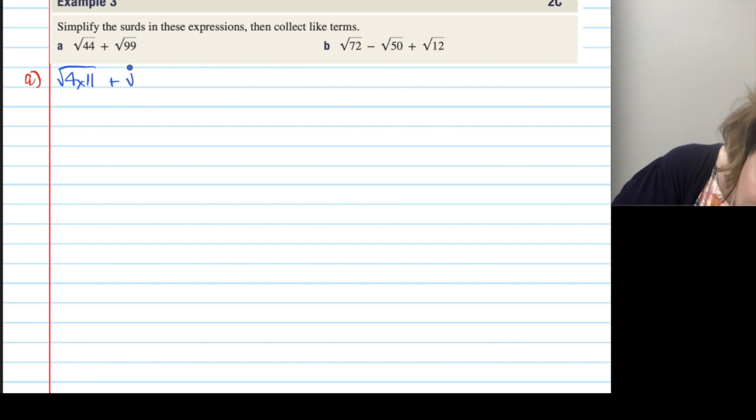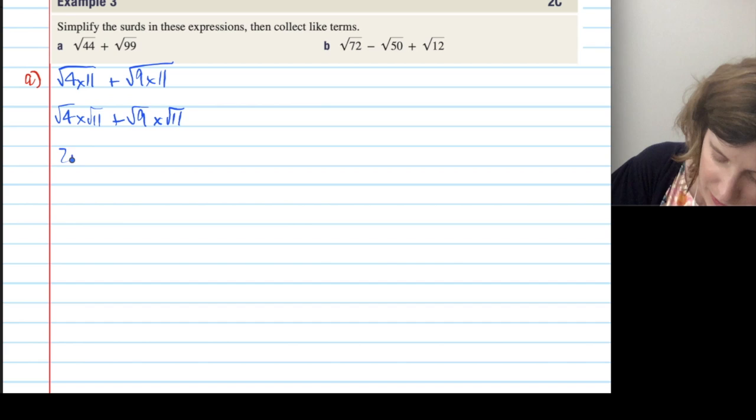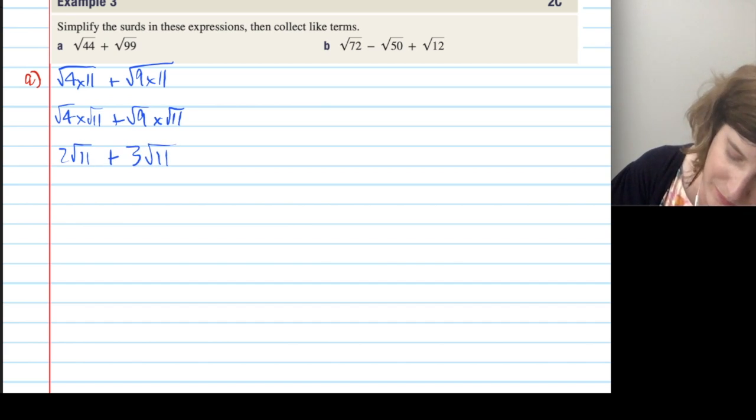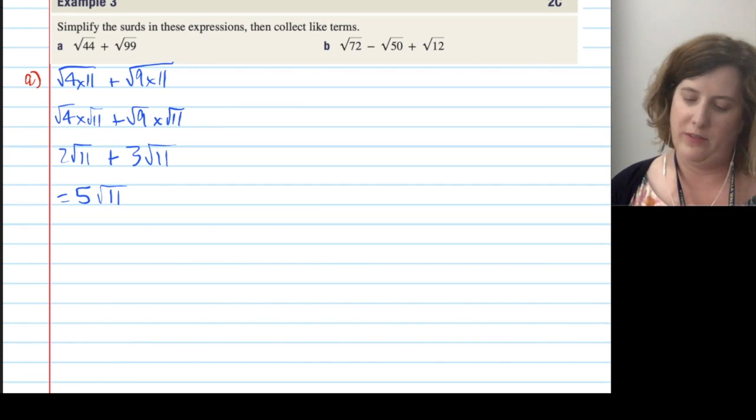Root 99 is 9 times 11. I can separate these. Root 4 times root 11 plus root 9 times root 11. So I've got root 4 is 2, root 11 plus root 9 is 3, root 11. So I've got 5 root 11, because 2 plus 3 is 5.